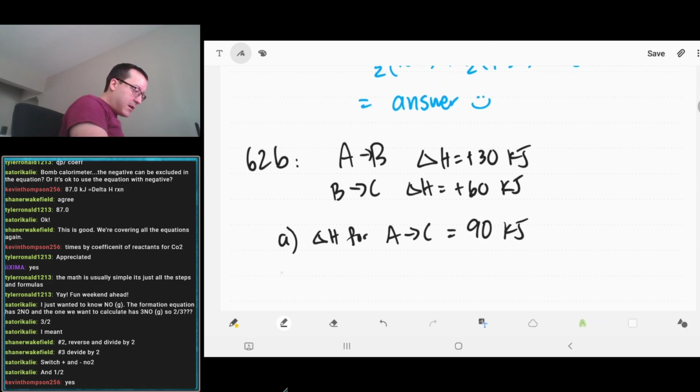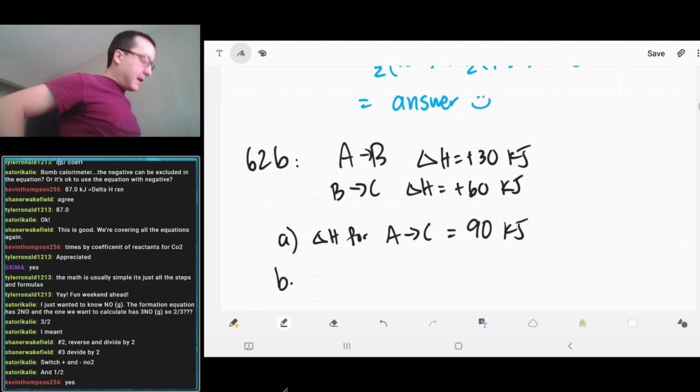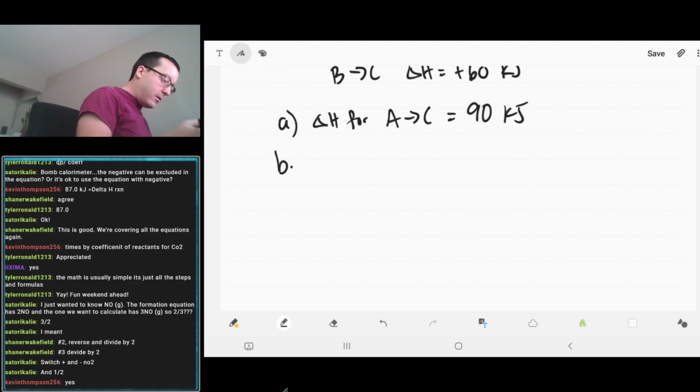Right. So part B is asking for an enthalpy diagram to show how this works. So we see that overall we kind of have 2 sections here.